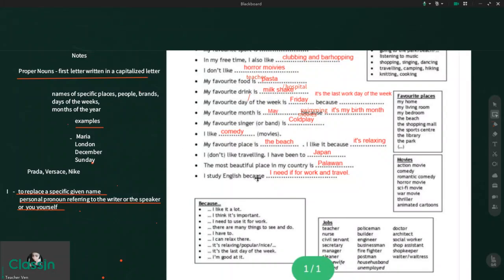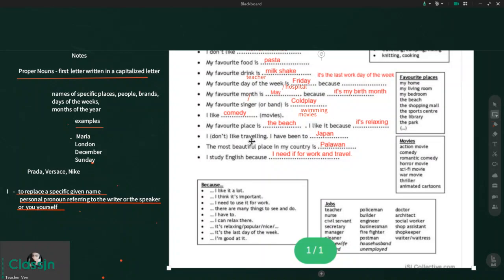So for the next one, I don't like traveling. Or you can say, I like traveling. For example, I don't like traveling. And if you like traveling, I have been to, for example, here, it's Japan, or maybe it's India, or China, or Korea, or Thailand. Just write it here, Thailand.